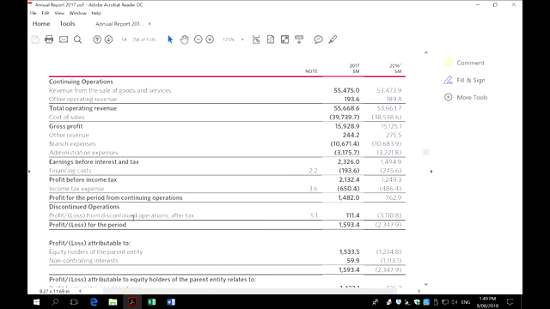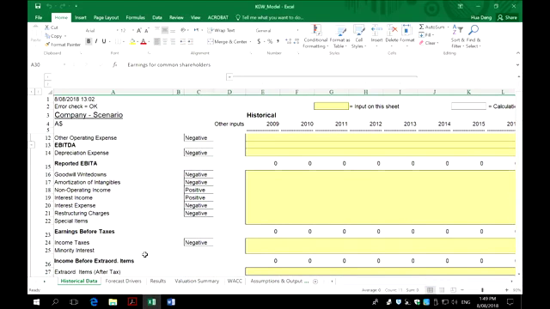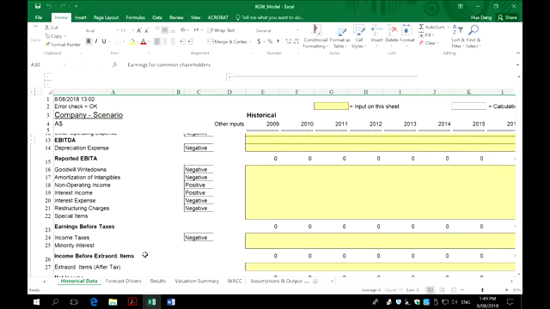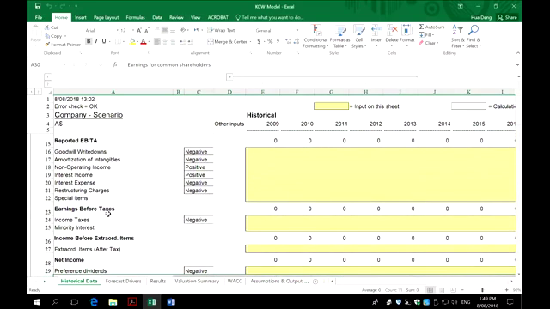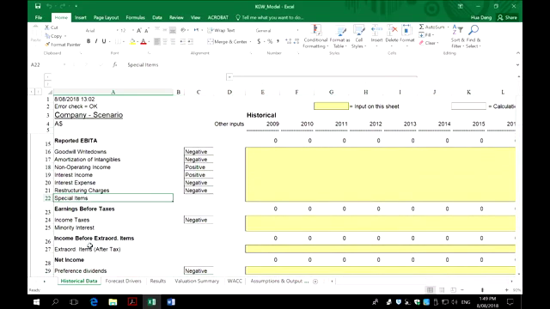With the discontinued operation, it's a net result. In the KGW model, it's more likely to go into special item or even the extraordinary item, or non-operating income. If it's extraordinary item, it's after tax.